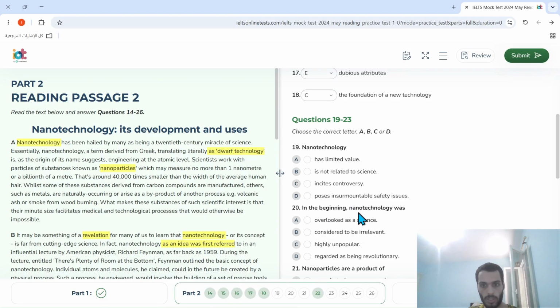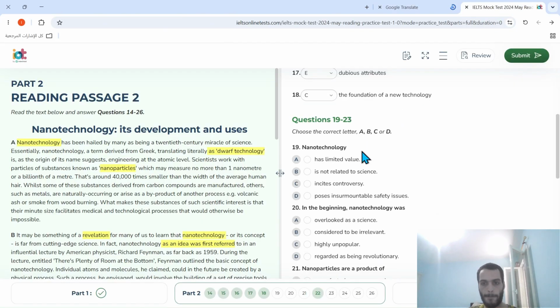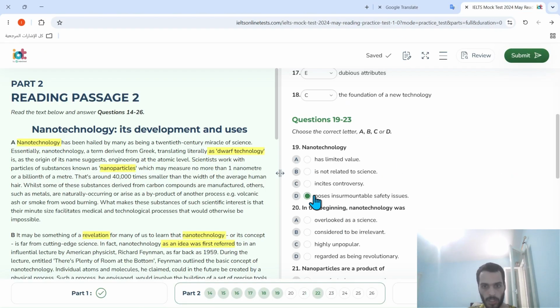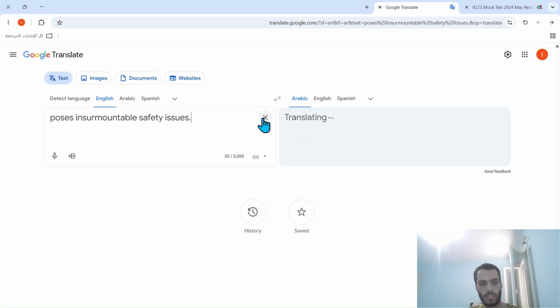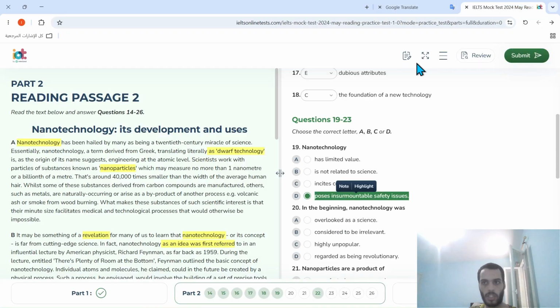Poses insurmountable safety issues. Incites controversy.